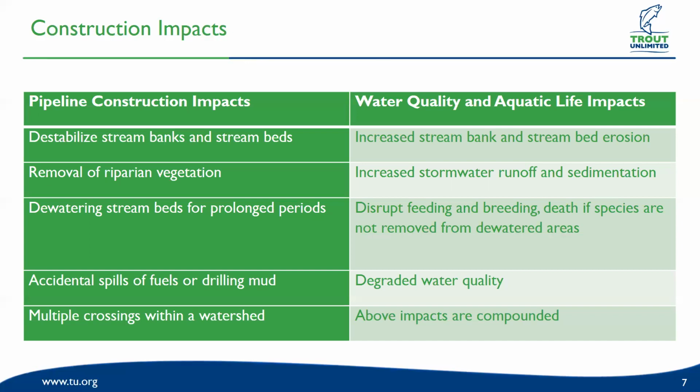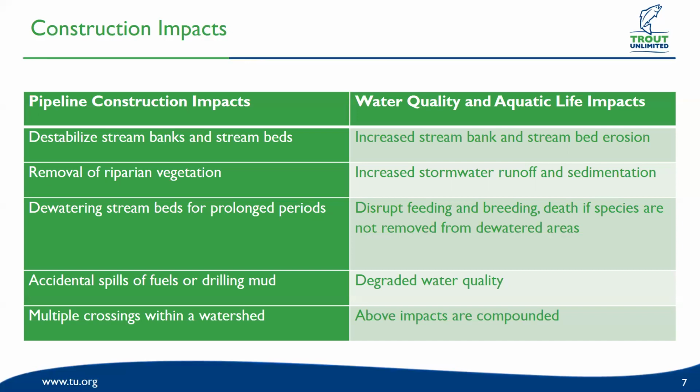Then dewatering the stream beds for prolonged periods when they're doing the dry ditching can disrupt the feeding and breeding and actually result in death of species if they're not removed from the dewatered areas. So things like mussels and benthic macroinvertebrates that aren't able to move as quickly as a fish species.